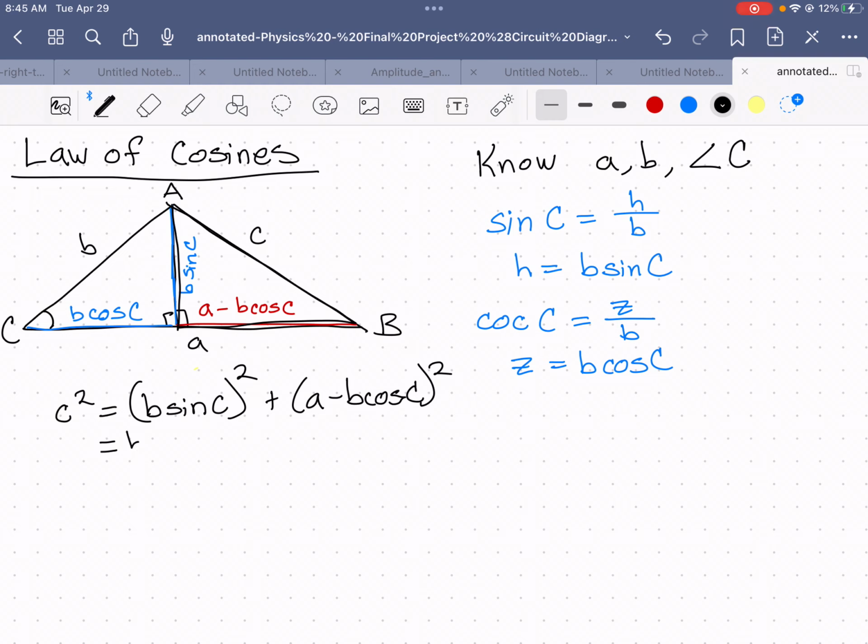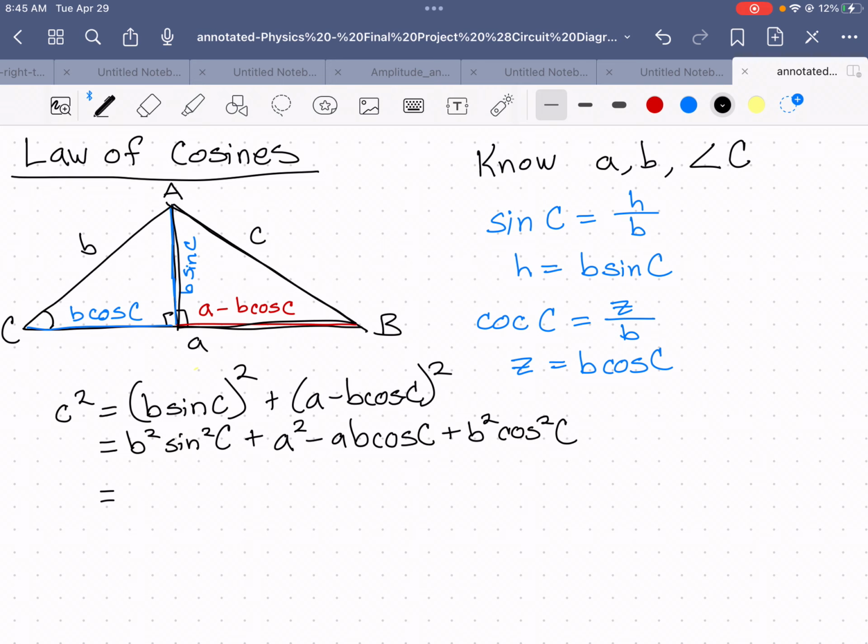I'm going to say c squared is equal to b squared sine squared of c plus, and you have to use your FOIL thing, a squared minus ab cosine of c plus b squared cosine squared of c. Does that look right to you? So let's rearrange terms a little bit.